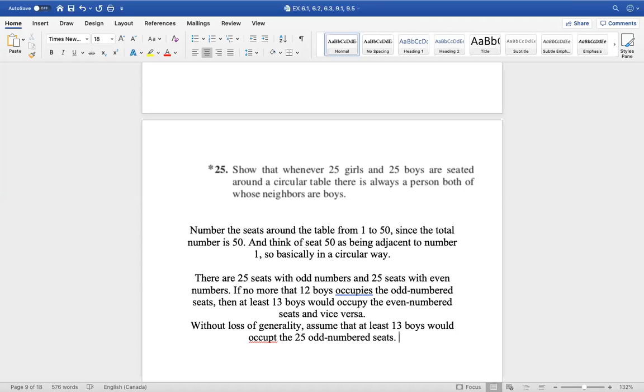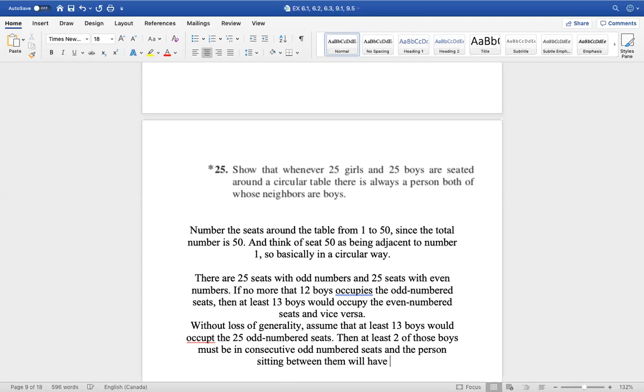Okay, then at least two of those boys must be in consecutive odd numbered seats, and the person sitting between them will have boys as both of his or her neighbors.